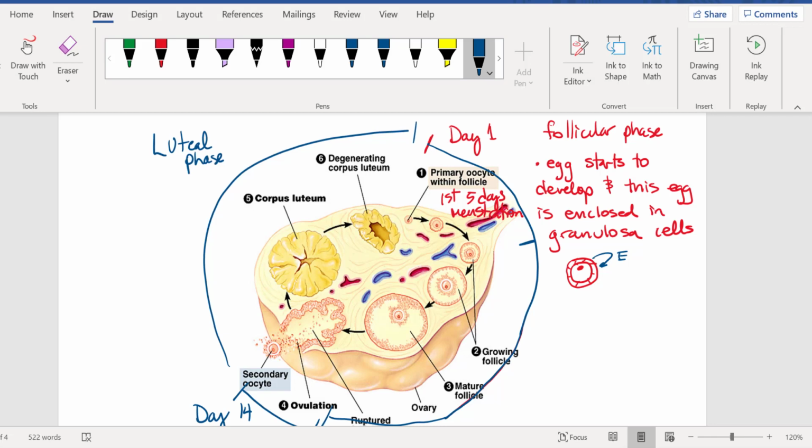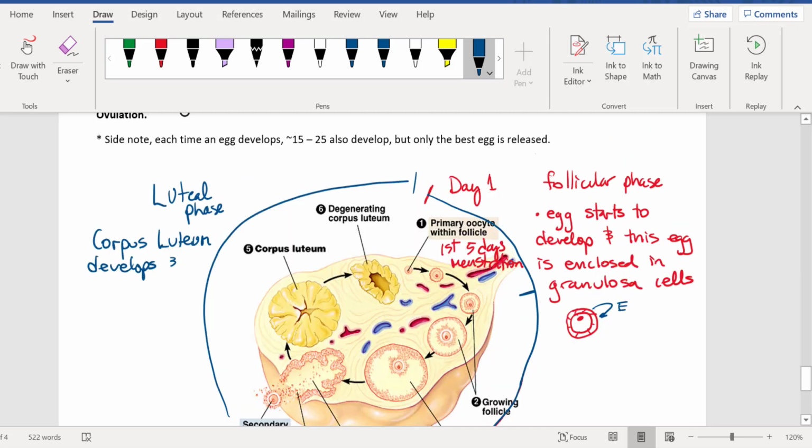All right, so the corpus luteum develops, and estrogen and progesterone are released. And what these both do is they're going to maintain the endometrial lining. They're also going to increase mucosal secretions, as well as increase vascularization. So that is an increase in the blood vessels in the uterine lining.